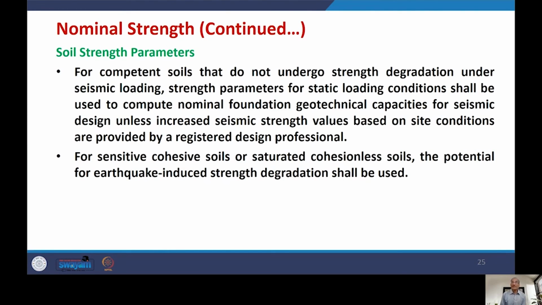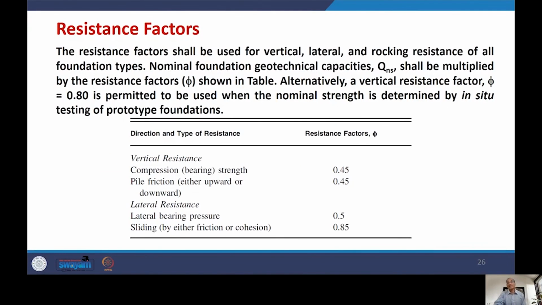And for seismic design, unless increased, seismic strength values based on site conditions are provided by a registered design professional. Continue with that. For sensitive cohesive soils or saturated cohesionless soils, the potential for earthquake-induced strength degradation shall be considered. So these are the protocols of this ASCE.